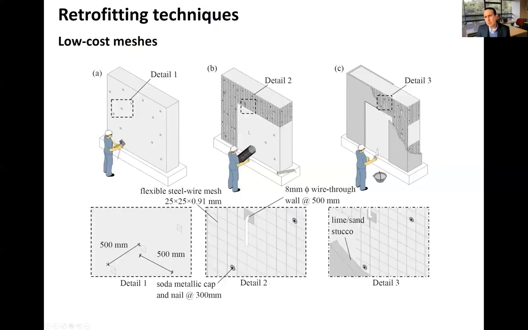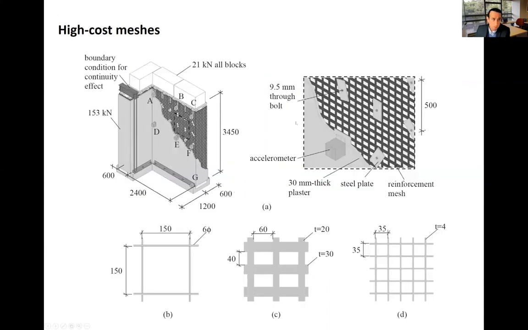The retrofitting techniques that we were evaluating at the beginning were very low-cost techniques, like installing meshes. This is a technique developed mainly in Peru. They use a very low-cost mesh and attach it to the wall with some caps. It's a very simple way to retrofit the walls.